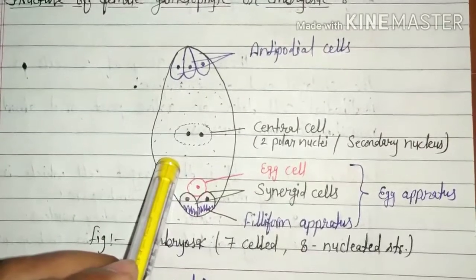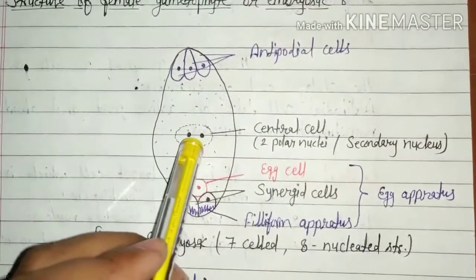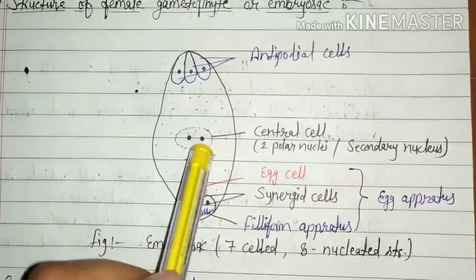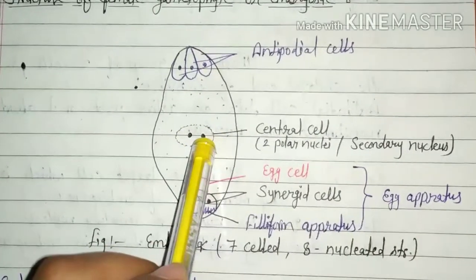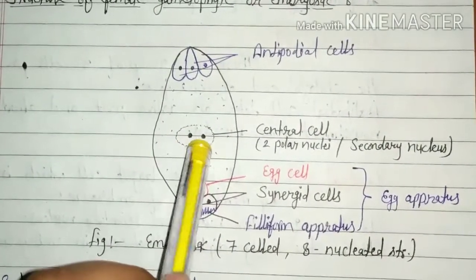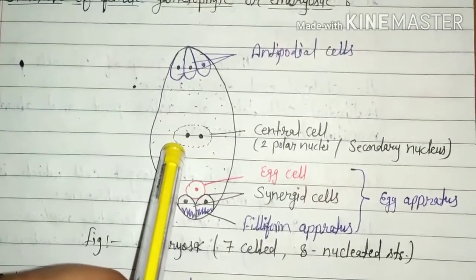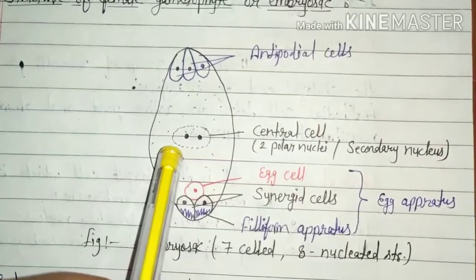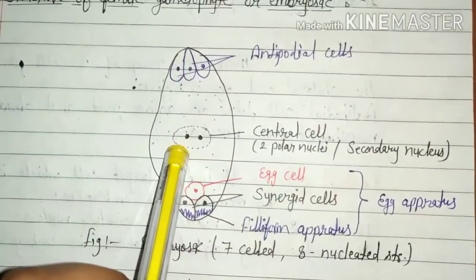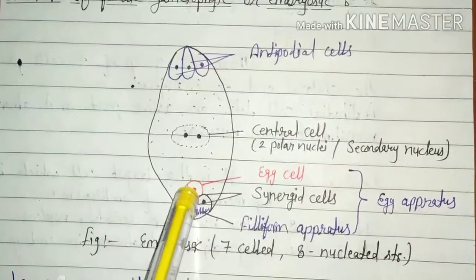The remaining 1 male gamete fuses with the polar nuclei and forms a triploid structure, which is known as endosperm, and the function of endosperm is to provide nutrition to the developing zygote.